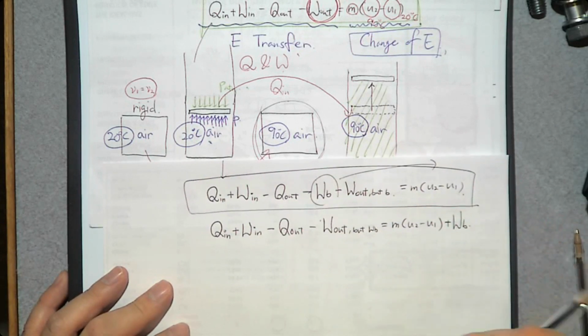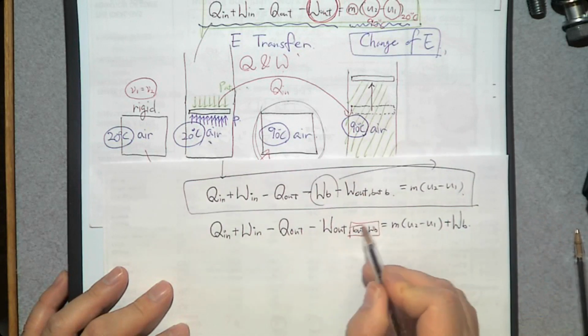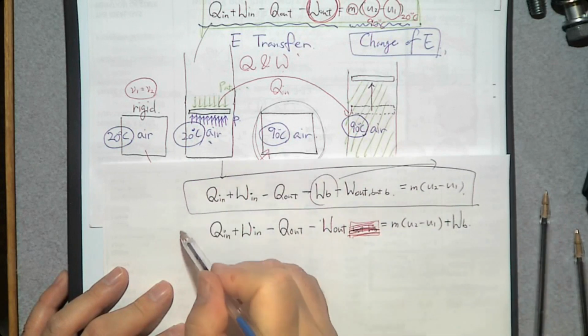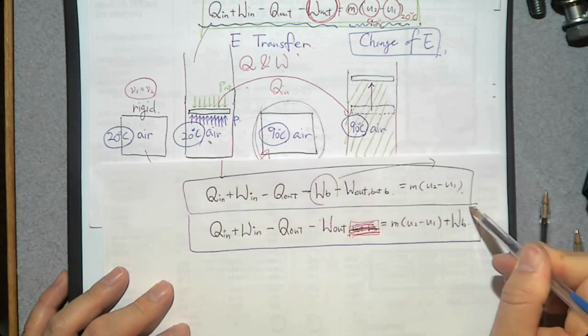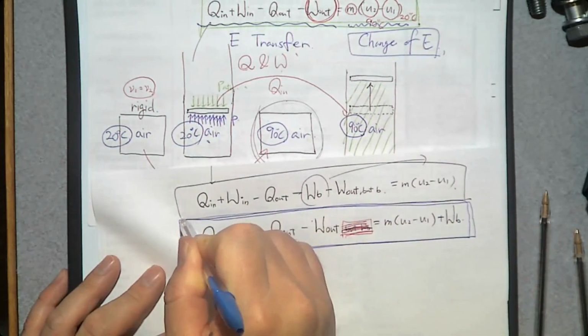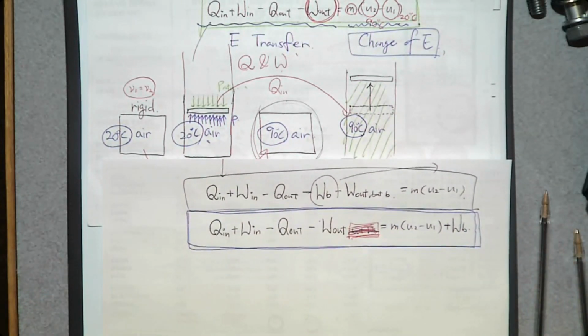This one looks too ugly, so let's just get rid of it. Then this is the energy balance equation for a closed system. So this is the energy balance equation you are going to use for a closed system. The final version.